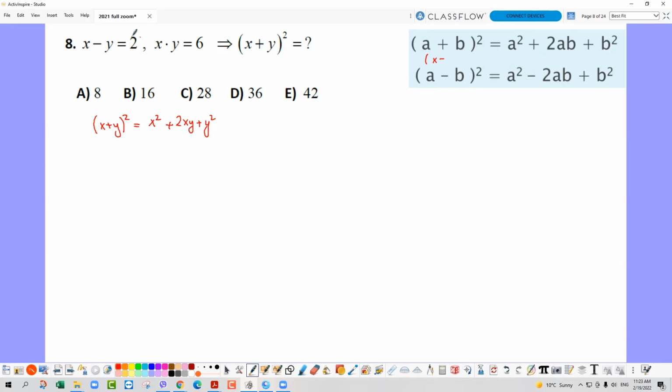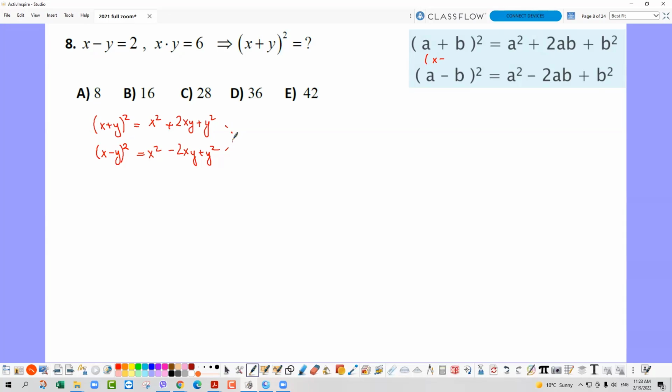Okay, here I have x minus y only. So I cannot find x plus y squared directly, which means I'm going to check what x minus y squared is. I know that x minus y squared is equal to x squared minus 2xy plus y squared.